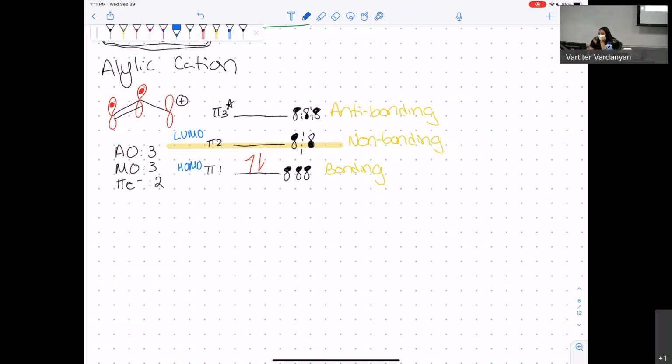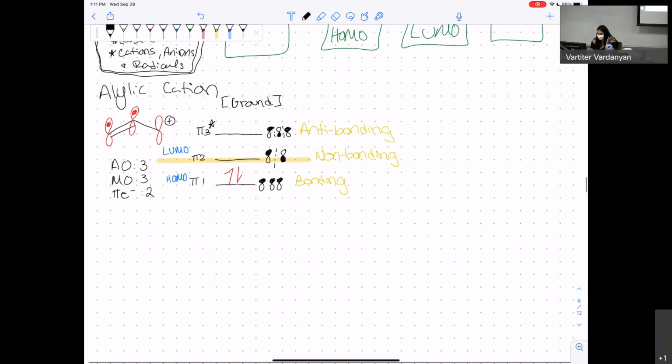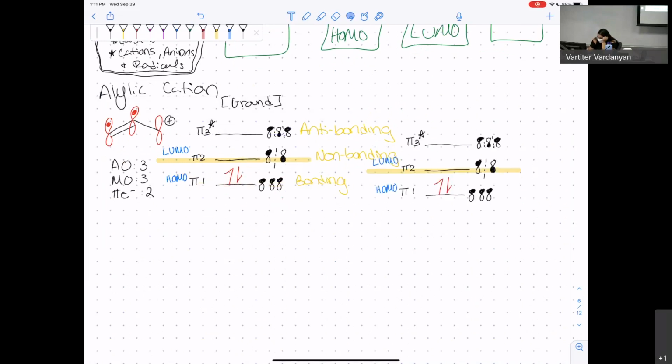Cool. All right, and so just, I wish I wrote this before, but this is the ground state, right? If this were to get excited, what's the only thing that's going to change? Yes, so hold on, I'm just going to copy this, duplicate, put it over here.